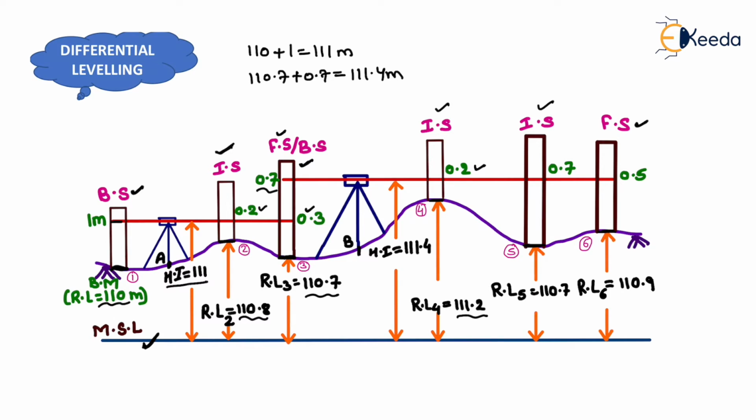Similarly, 111.4 minus 0.7, it will be equals to 110.7, that will be the RL of station 5. And similarly, 111.4 minus 0.5, it will be equals to 110.9 meter, that will be the RL of station 6. So in this way the differential leveling is carried out.